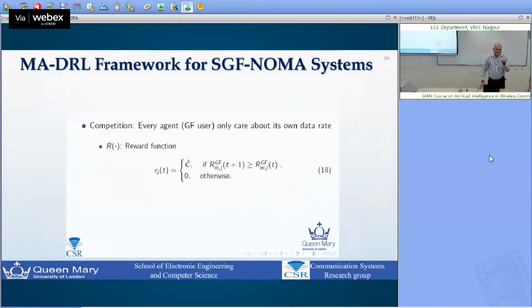The second device picks one channel and one power level and calculates its rate. If it is better than the previous time interval, the reward is given. Because this is competitive, it doesn't matter how the other devices perform. If not, the reward is zero.